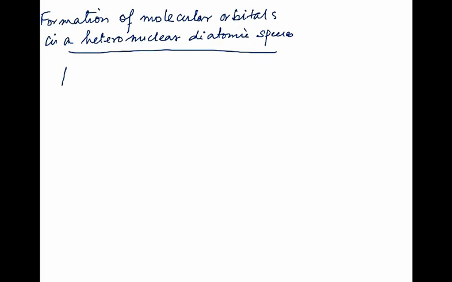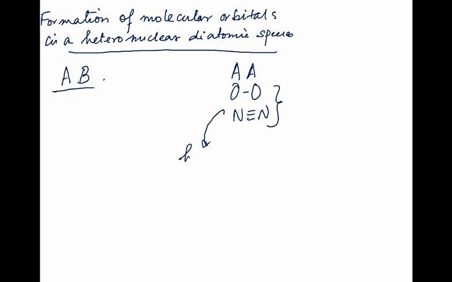The molecules of AB type are known as the heteronuclear diatomic species. The AA type of molecules, for example oxygen, nitrogen, etc., are known as the homonuclear diatomic species.